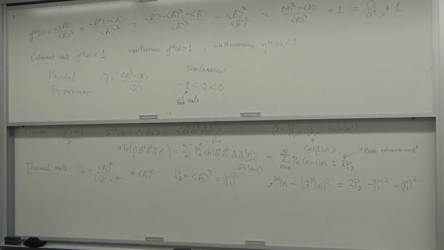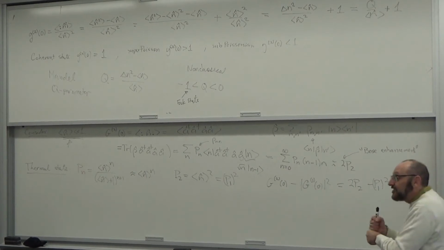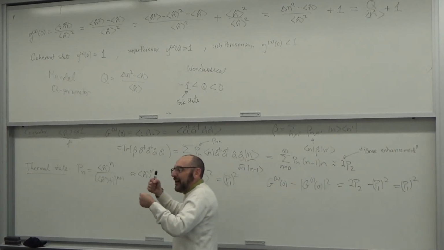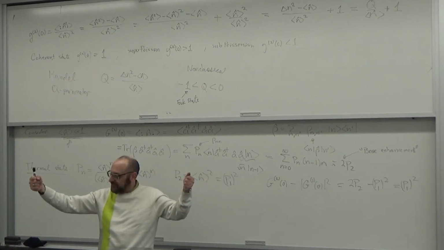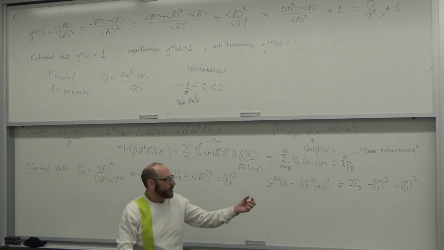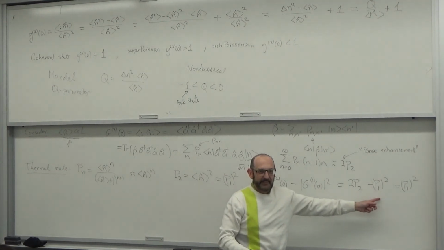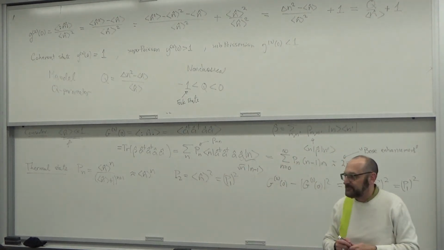So the probability of finding two photons in the same mode is not just the product of finding one photon and another photon statistically independent, which would be p squared. I have an enhancement here, right?